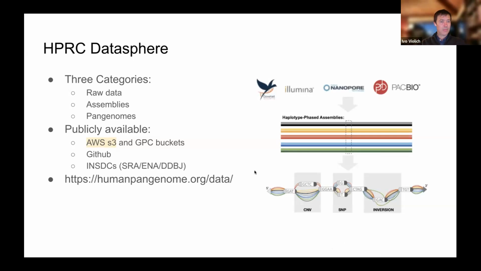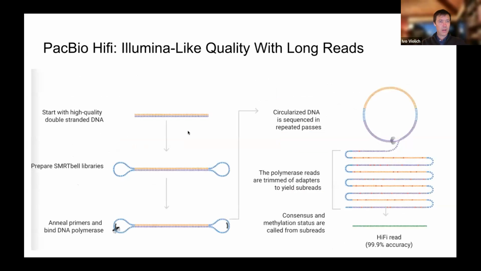Okay, so moving on, I want to talk briefly about PacBio HiFi. You can think of it as Illumina-like quality, but with long reads. I mostly worked with Illumina data, so short read data of 150 base pairs, paired end, so 300 base pairs max.